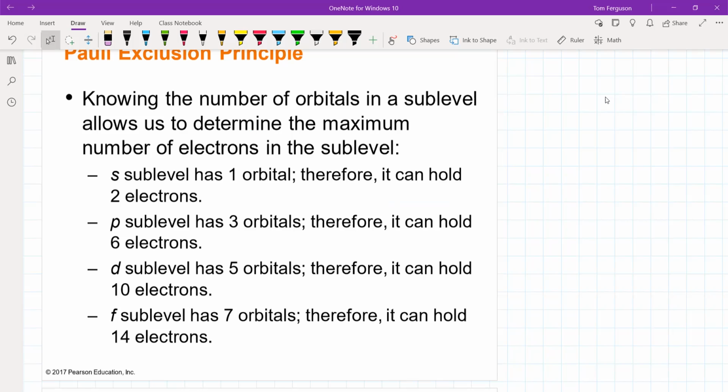P has got 3 orbitals, which you just talked about. So it can have 0, 1, 2, 3, 4, 5, 6. D is 5 orbitals. That means you're going to have 10 electrons max, or 0, 1, 2, 3, 4, 5, 6, 7, 8, 9, 10. And then there's F as 7, 14 electrons max.